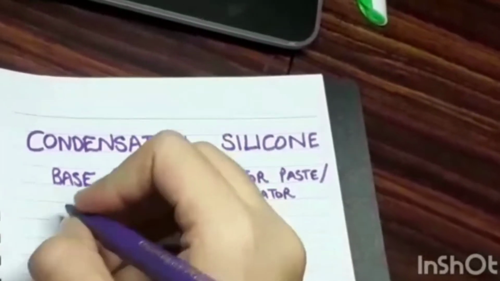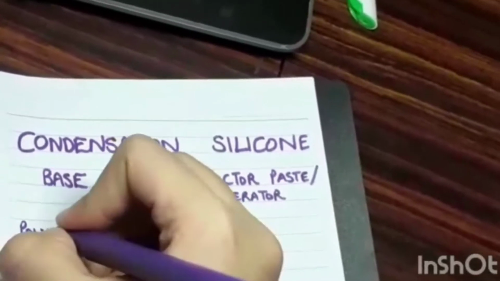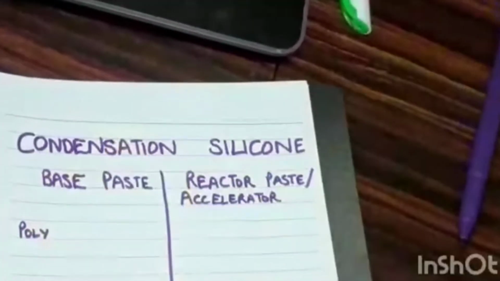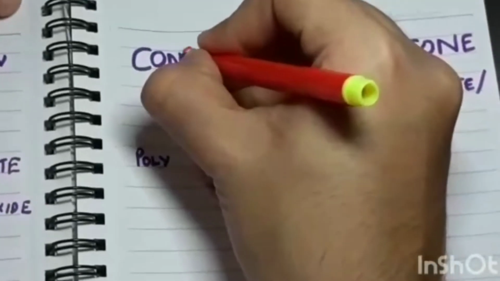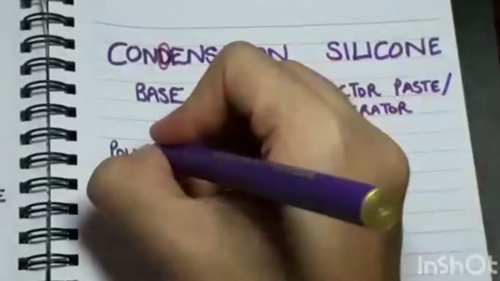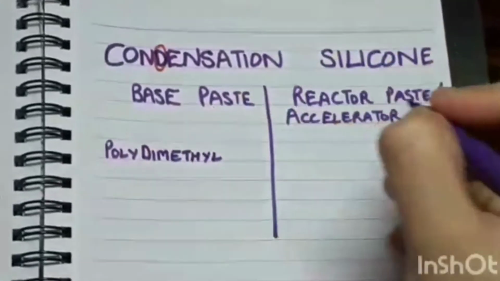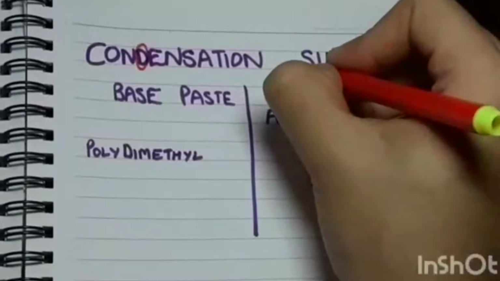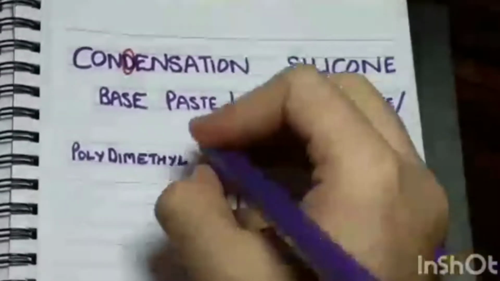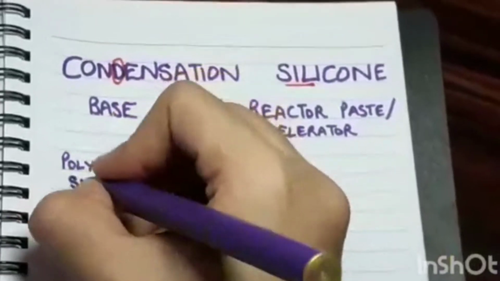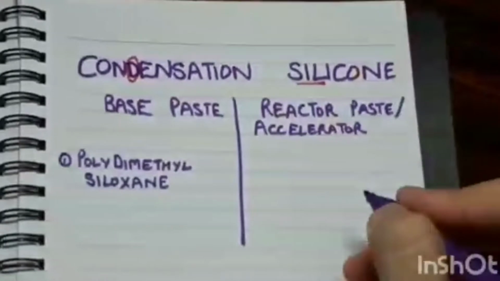Now the first ingredient is, so it's a polymer, so we'll take the word poly, then we'll take the letter D from the word condensation, and we'll write dimethyl. Then we'll take the letters SIL from the word silicone and we'll write it as siloxane. So it's polydimethyl siloxane.